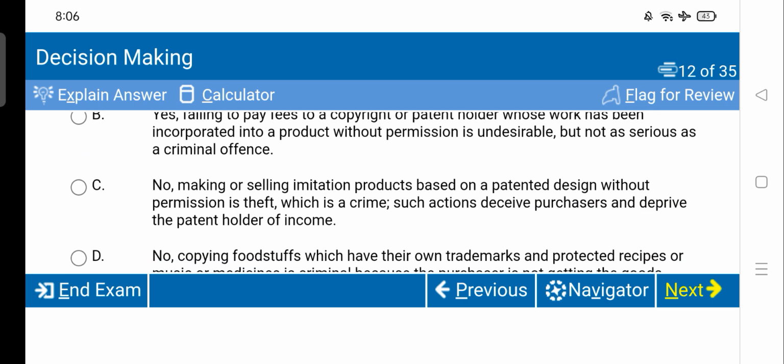Option C, no, making or selling imitation products based on a patented design without permission is theft, which is a crime. Such actions deceive purchasers and deprive the patent holder of income.